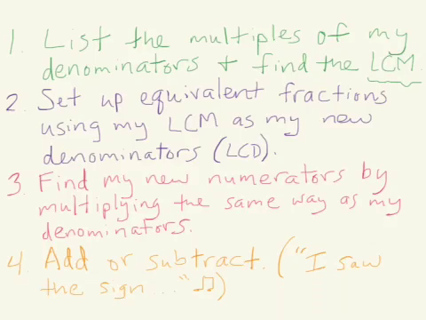And you wouldn't believe how many 5th graders I get that do the wrong operation. For some reason, they add instead of subtracting, or they subtract instead of adding. So you need to make sure that you look at the operation sign, whether it's an addition sign or a subtraction sign, really carefully before you just ruin the entire problem that you spent so long working on.